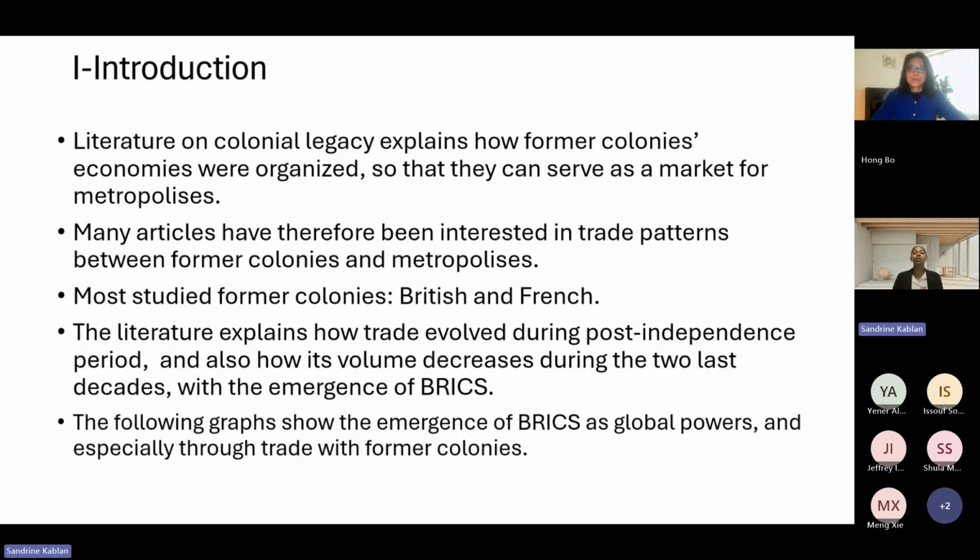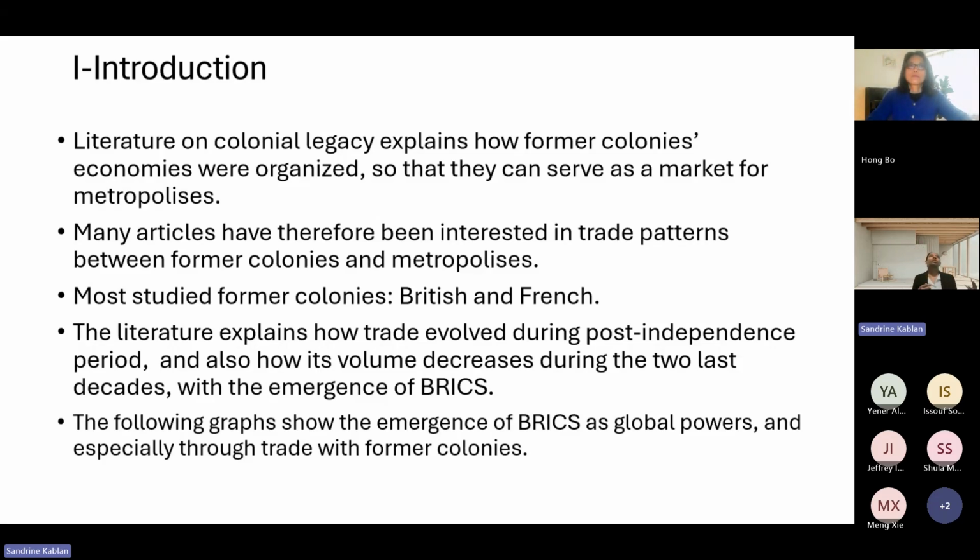So many articles are interested in trade patterns between former colonies and metropolises, because this is the main sector of the economy that links former metropolises and former colonies.